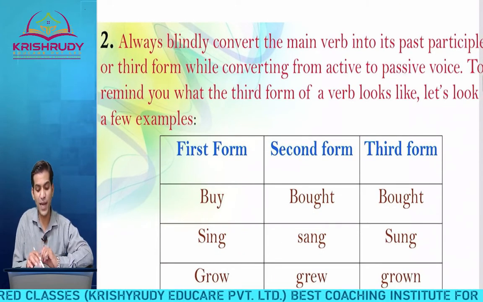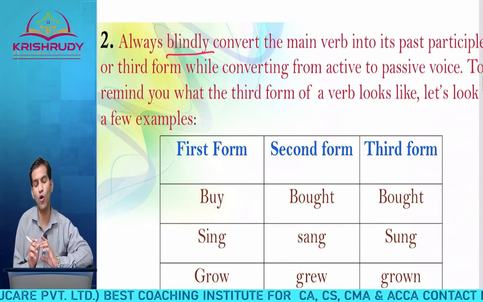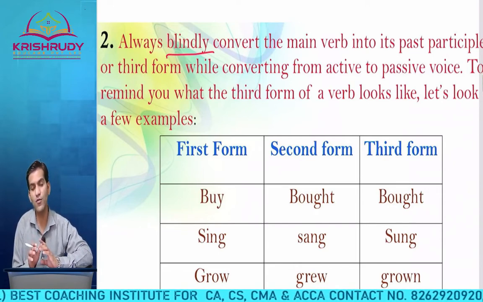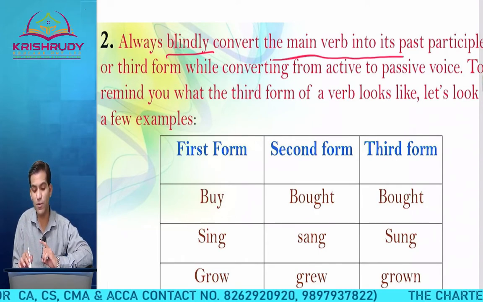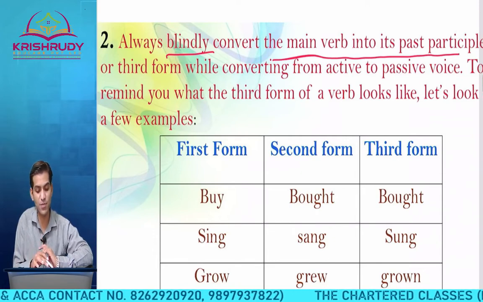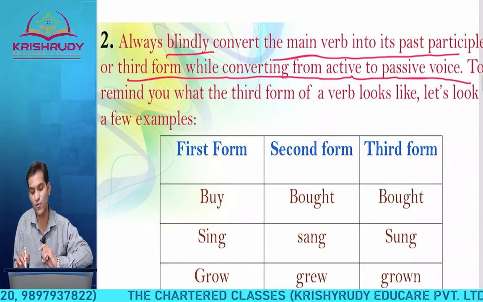So why are they saying blindly? Because in passive voice we always use the third form, the past participle form. Convert the main verb into its past participle or third form while converting from active to passive voice.